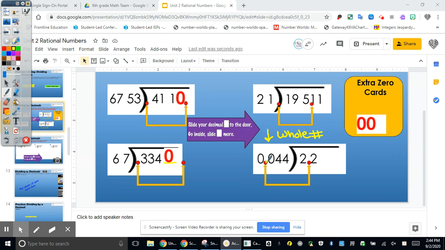I need to move this decimal once, not to the door yet, twice, not to the door yet, 3 times. Finally made it to the door. So if I slide the decimal 3 times to the door, I have to go inside and slide 3 more. Remember, you have to be fair. If you move 3, you got to move 3.